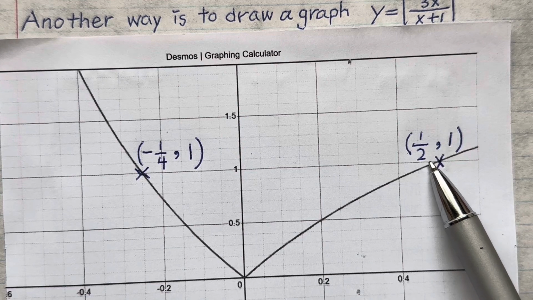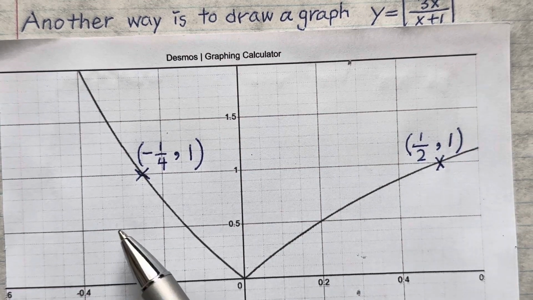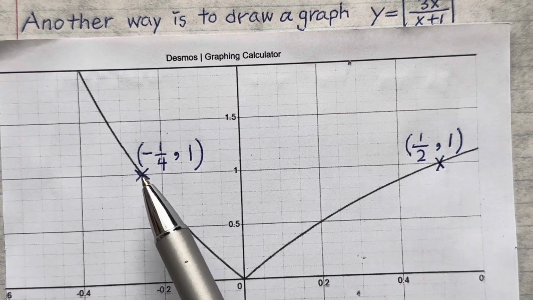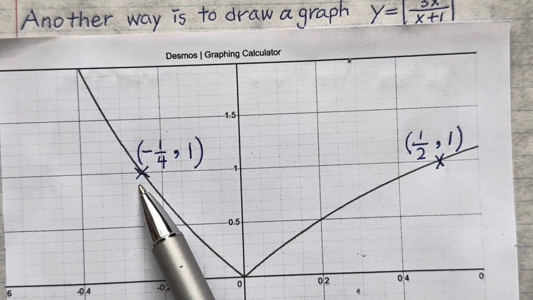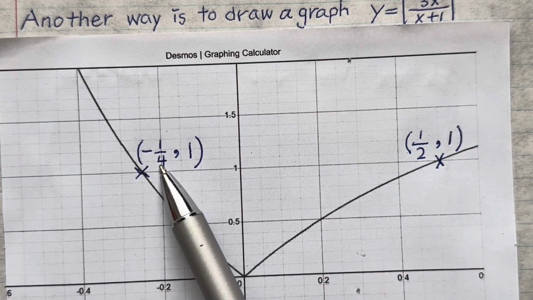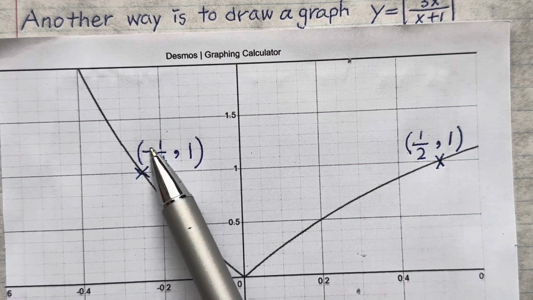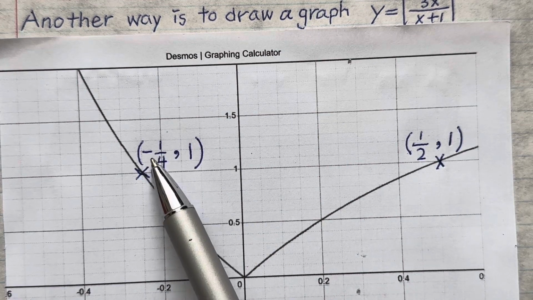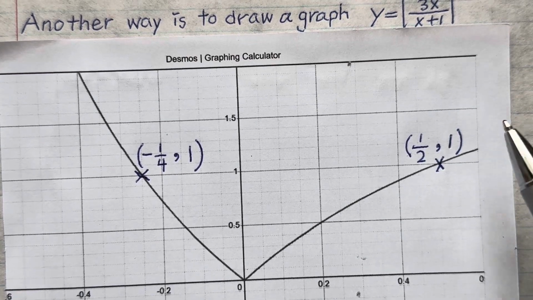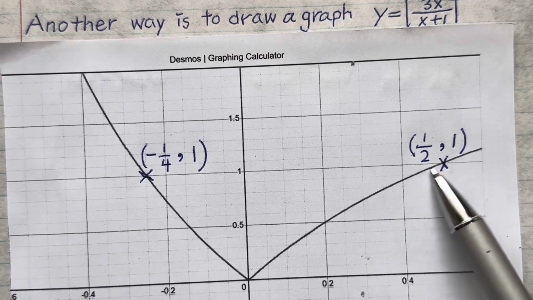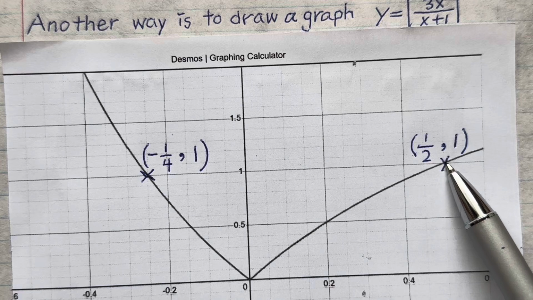This part is less than 1. And then you can read out the coordinates from the graph. This point has the x coordinate -1/4, and this point has the x coordinate 1/2.